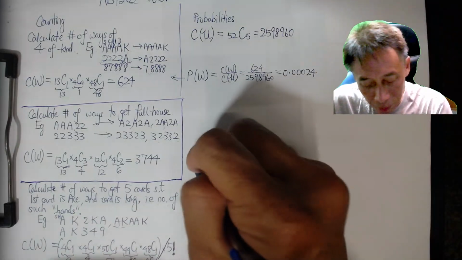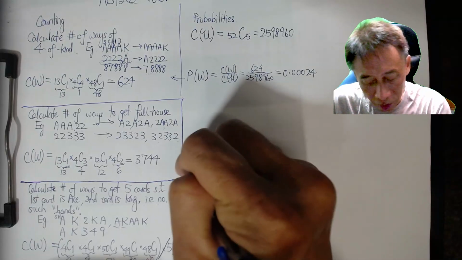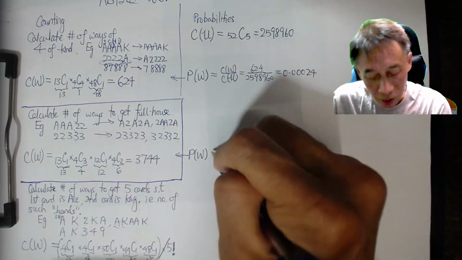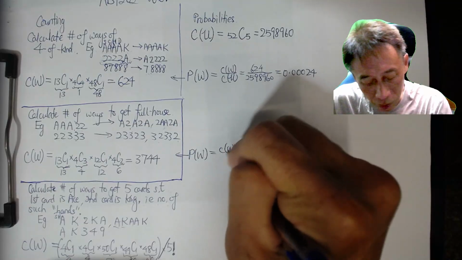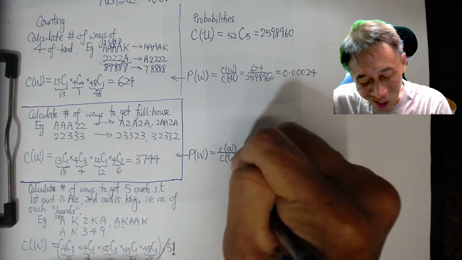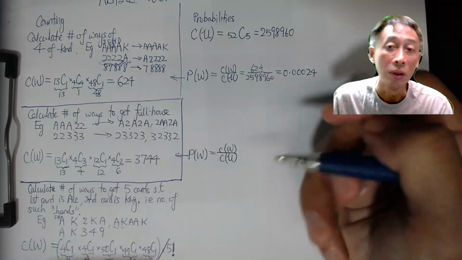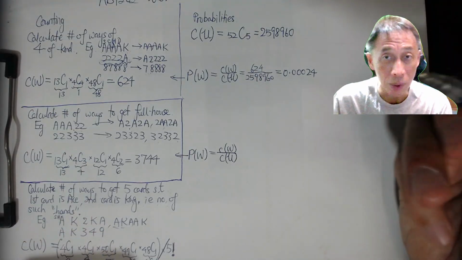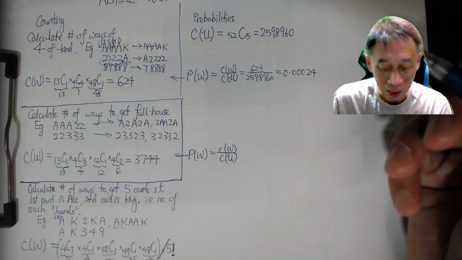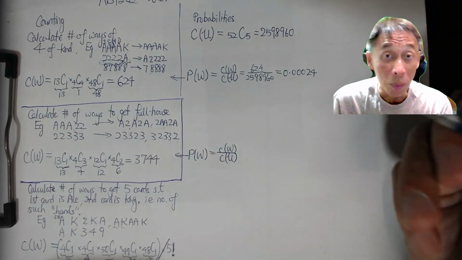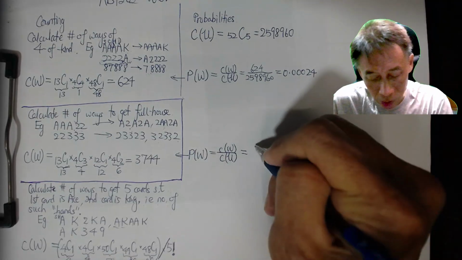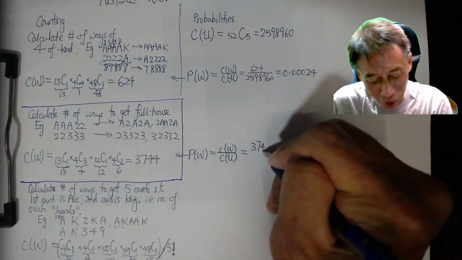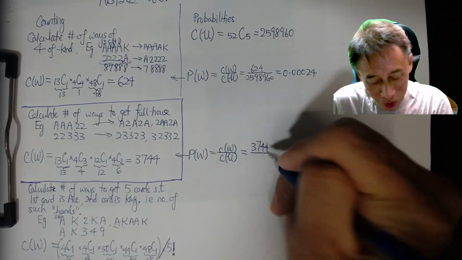Then the probability of getting the 3 of a kind is again C of W. You see, whenever you can count, it's a lot easier. And with the use of factorial, combination, permutation, counting the number of ways, number of combinations gets so easy, so long as, of course, you do it the right way.